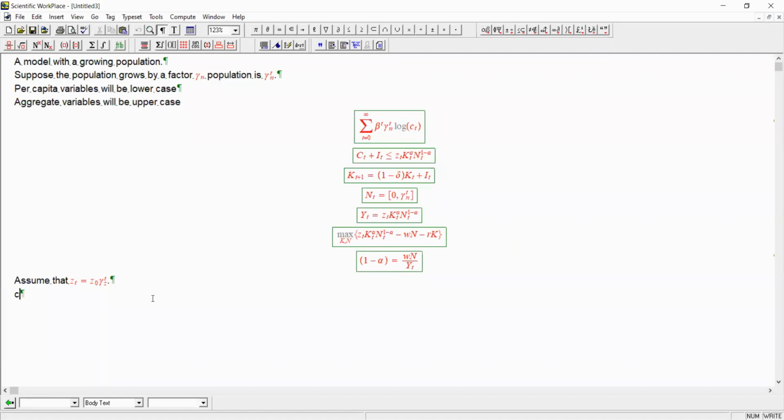That means that little c of t is big C of t divided by the population. Little investment per capita will be equal to big investment, total investment, divided by the population.